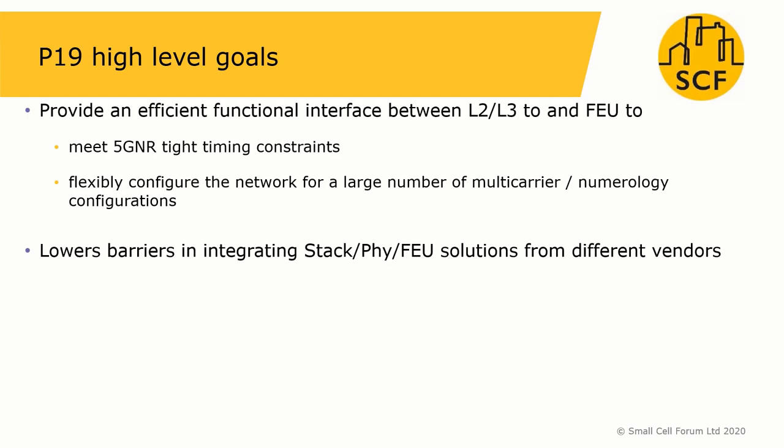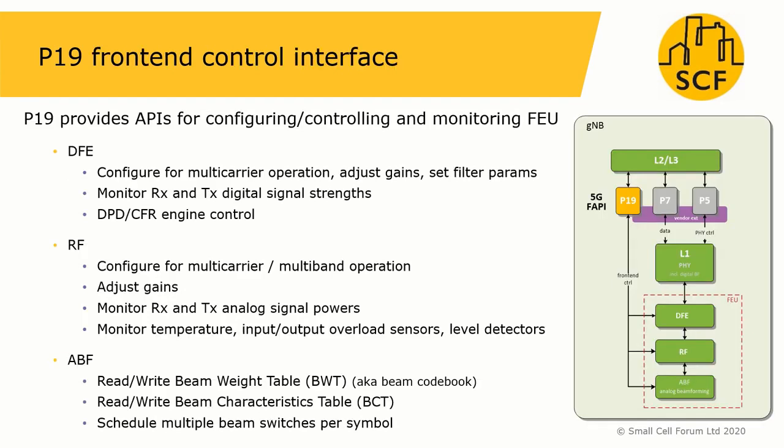And by prescribing a standardized API, it lowers the barriers in integrating the stack, PHY, and front-end unit solutions from different vendors. How does P19 achieve these high-level goals? It does this by defining APIs in 3 buckets, namely the DFE, the RF, and the analog beamforming blocks.